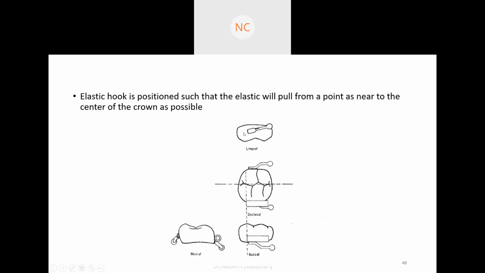This is from the lingual aspect, this is viewed from the buccal aspect, and this is from the occlusal aspect and the buccal aspect. The elastic hooks should be placed as far gingivally as possible, such that the pull of the elastic is as close to the center of the crown as possible.